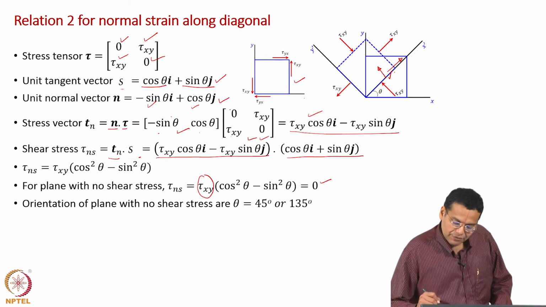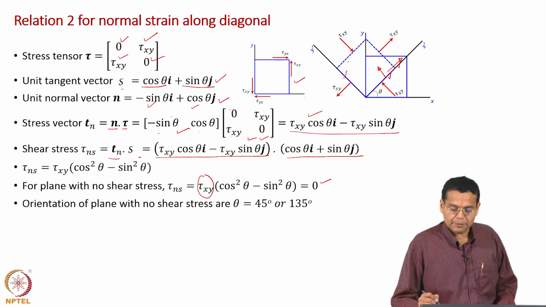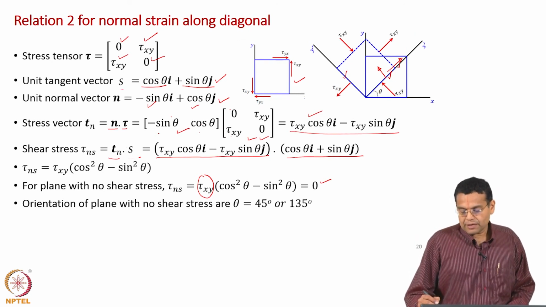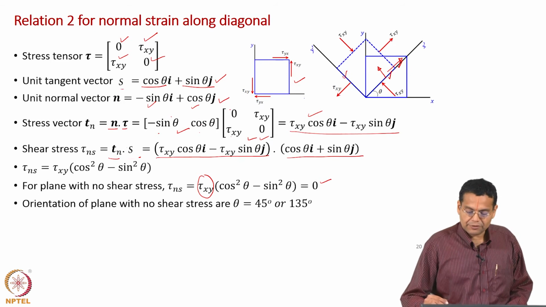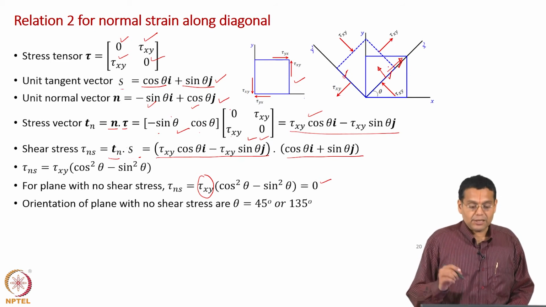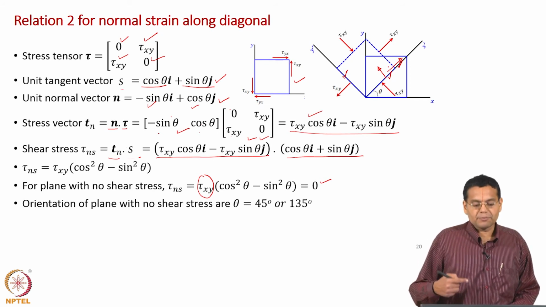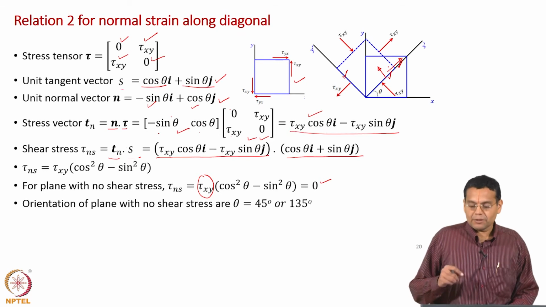Theta 45 is the diagonal. Theta 135 is this side, which is perpendicular to the diagonal. That is why we are interested in a plane on which there is no shear stress, because remember where we are proceeding: we are proceeding towards getting another alternate expression for normal strain along the diagonal.